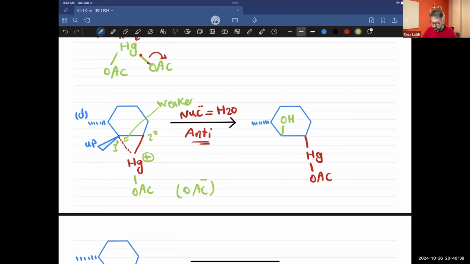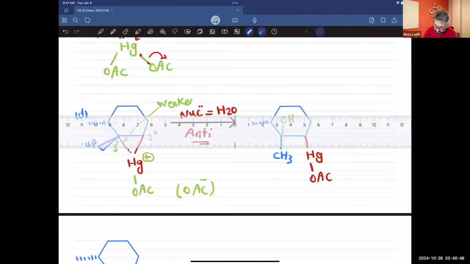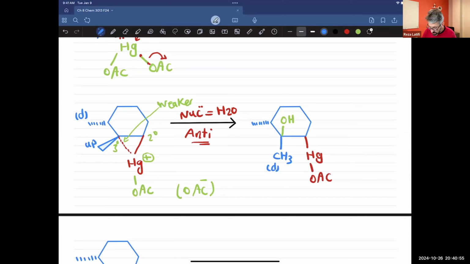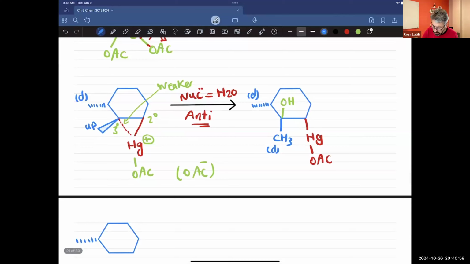Okay, I got the OH from water, and now if OH is up, that means the methyl will be down, CH3, and I'm talking about this CH3, forgive me. Okay, now CH3 went down. So you write this one down, and that one also down. Okay, next step, I'm going to add the borohydride.